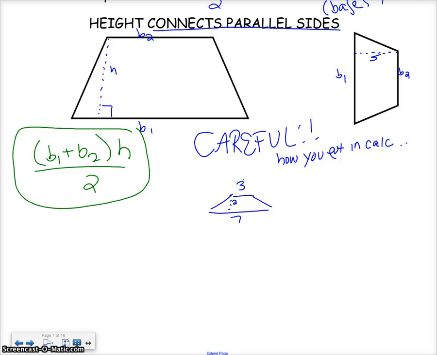So in my calculator, I'm going 10 times 2 divided by 2. That's what I'm doing in my calculator. I add these up first because I don't want my calculator to mess it up. Or you could go 7 plus 3, hit the equal sign. That makes your calculator figure that out. Then go times the height and then divide it by 2. You could do that as well.